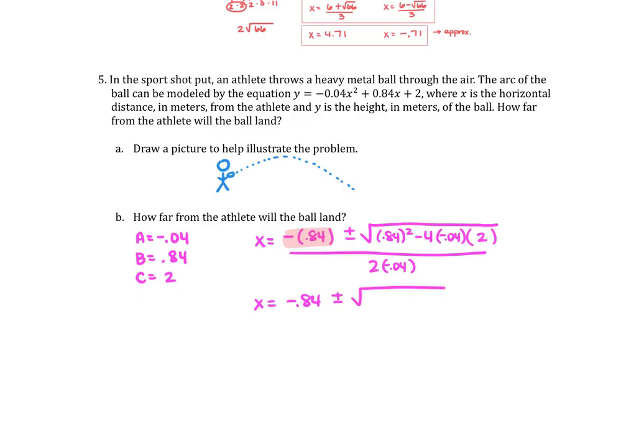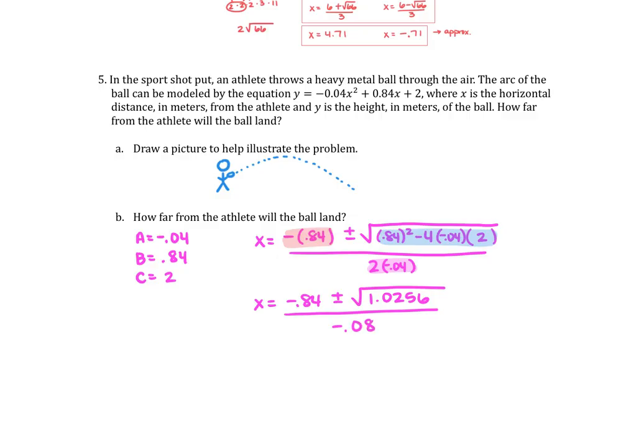Plus or minus, I'm going to type in what's underneath the radical. That is going to give me a 1.0256. And then I'm going to do my denominator, and that is going to give me negative 0.08.